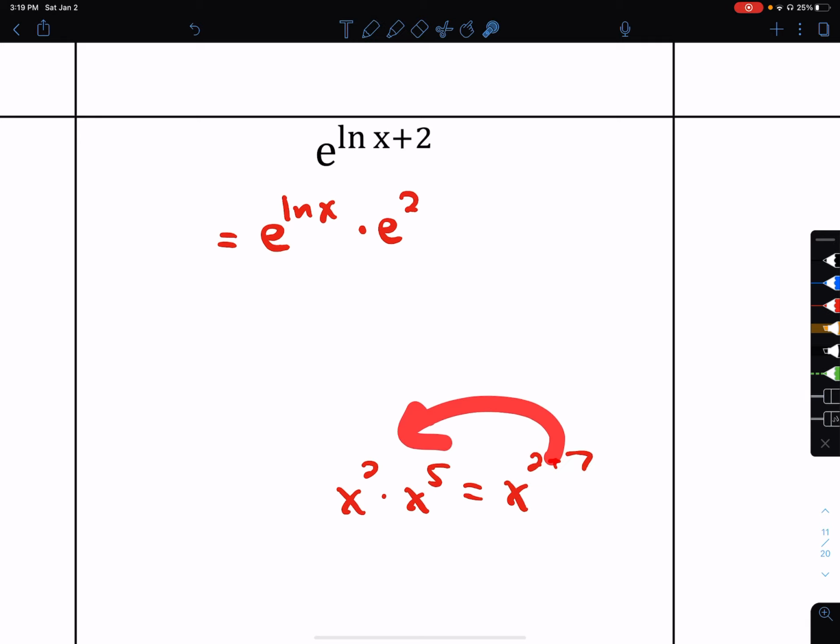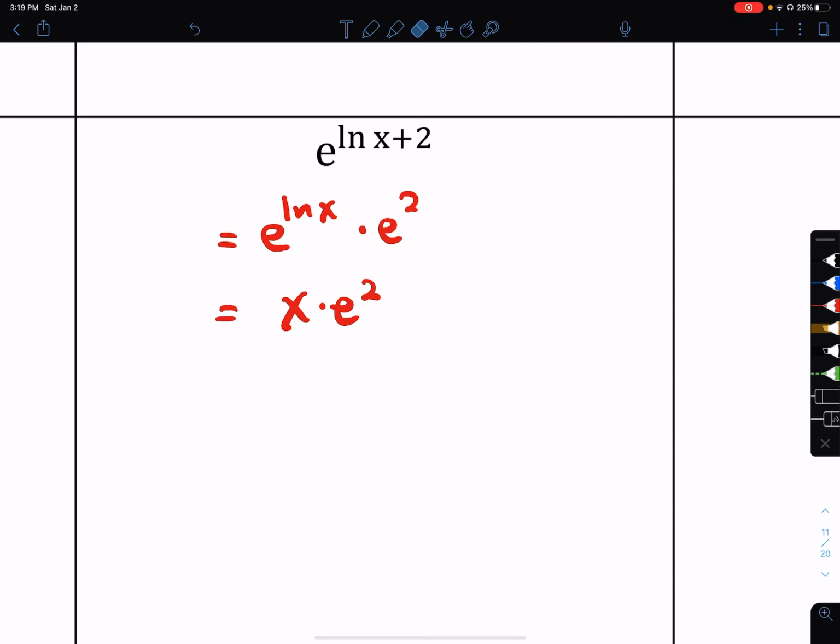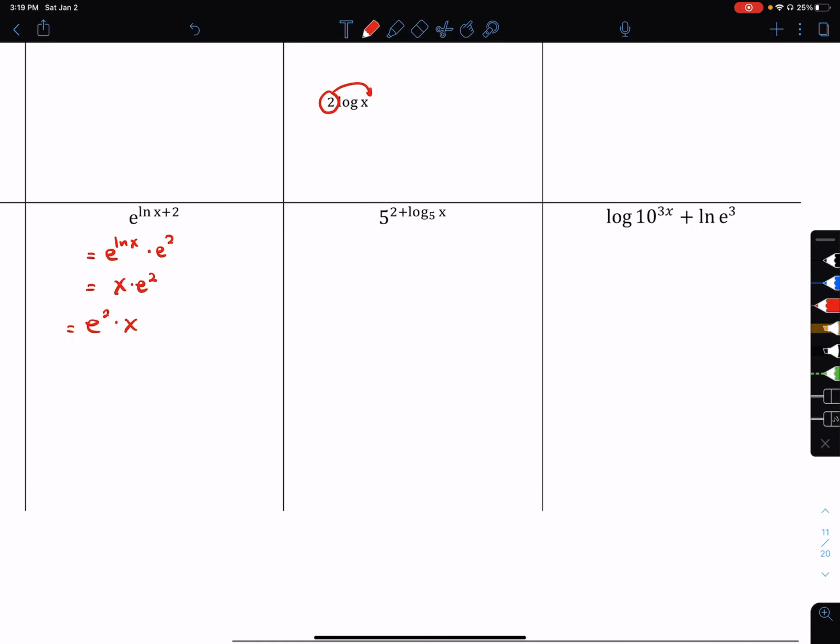We're just doing this backwards. It's already added and we're breaking it apart. Now this becomes x because the identity, we have a base of e and its natural log with a base of e becomes the argument. And the e squared, there's nothing we can do with that. E squared is a number. Typically we put the numbers in front and the variables in the back, but you won't have to rewrite it.